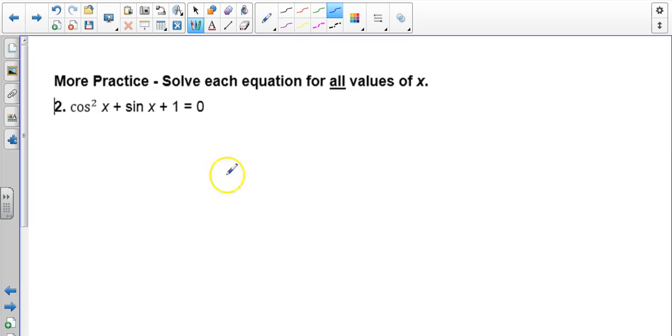All right. This is question 2. We did one like this in the notes yesterday, I think. Anybody see a trade we could make? Cosine squared plus 1 is sine.